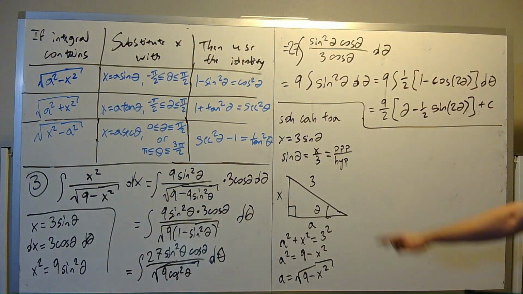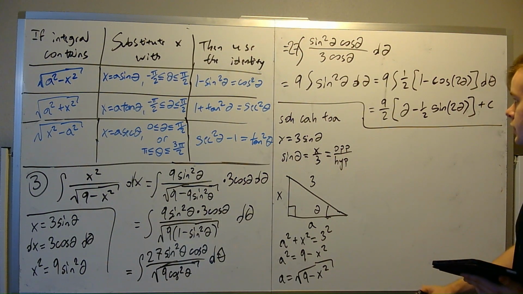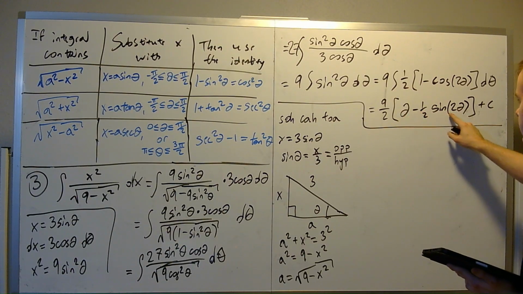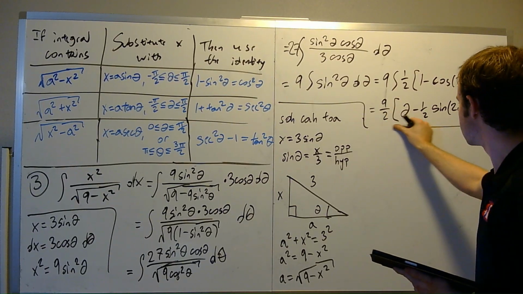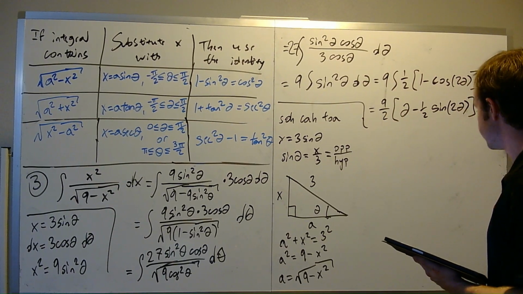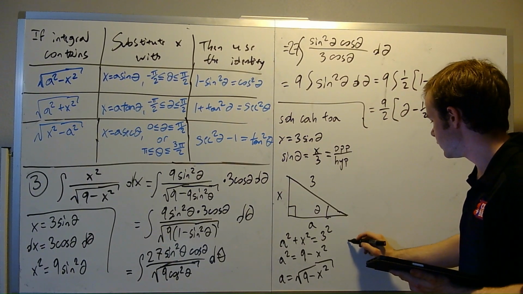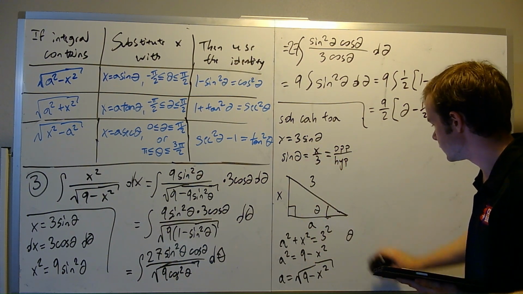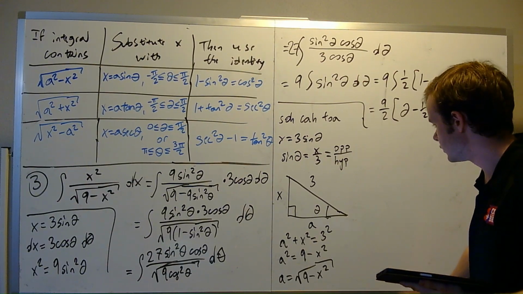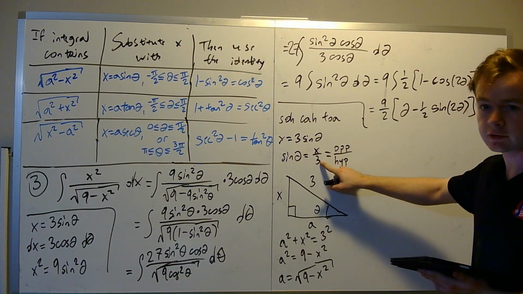Okay, so we've done all this work here. And now we need to solve for both theta and sine of 2 theta. So we know that sine theta equals x over 3.